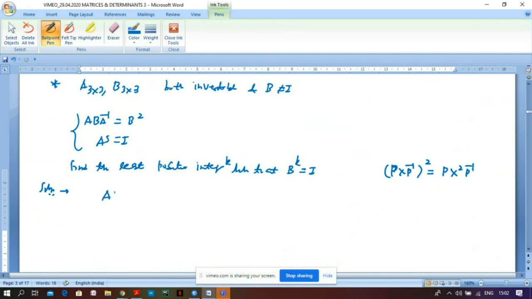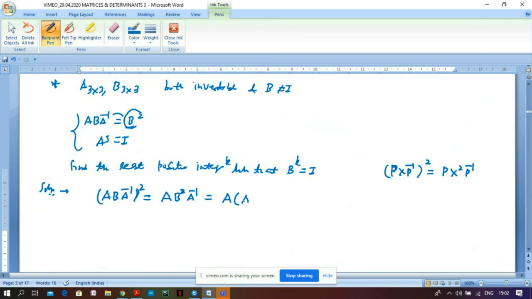So if I take A inverse squared, let's see how it changes. A inverse squared becomes A, then B squared, and again A inverse. But B squared is given to be A inverse, so I can plug it back.